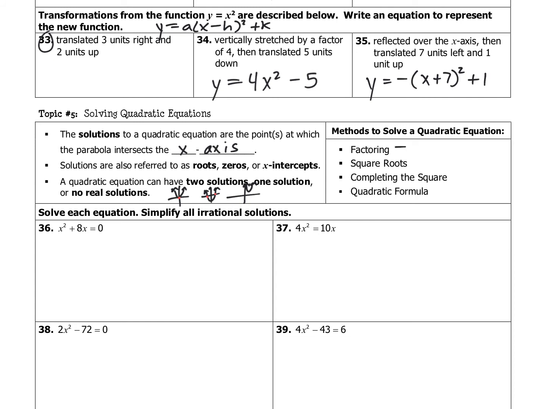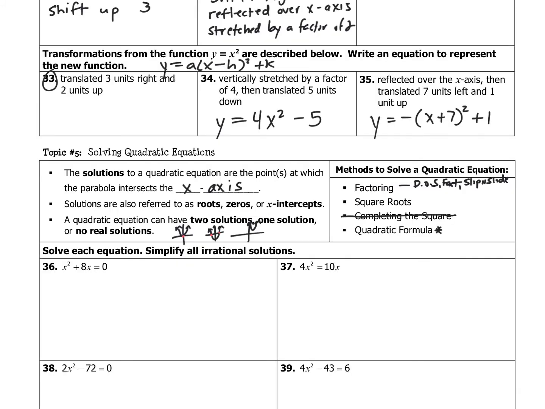Remember, this includes difference of squares, just regular factoring, and slip and slide. Okay. Square rooting method, we're not completing the square, so if factoring doesn't work and square rooting doesn't work, we're going to use the quadratic formula. Okay. All right, so number 36.